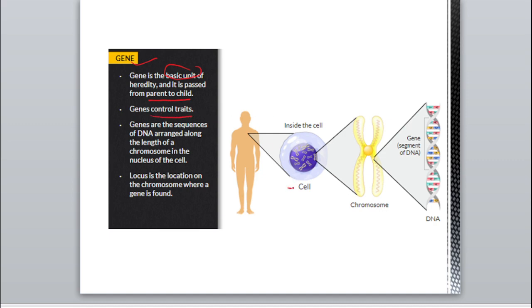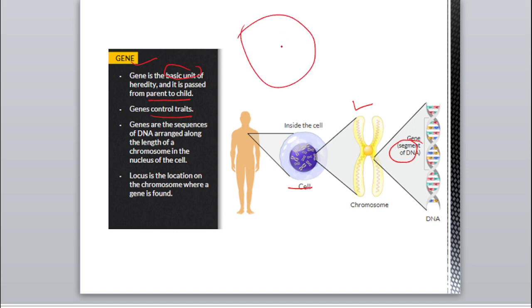Inside the cell there is a nucleus, and inside the nucleus chromosomes are there, and inside chromosomes there is a long DNA arranged, and the segment of DNA is called a gene.